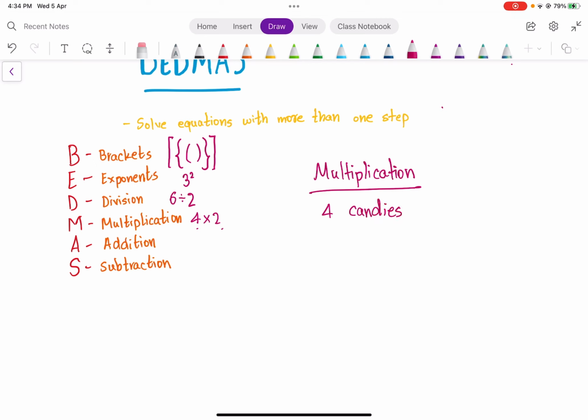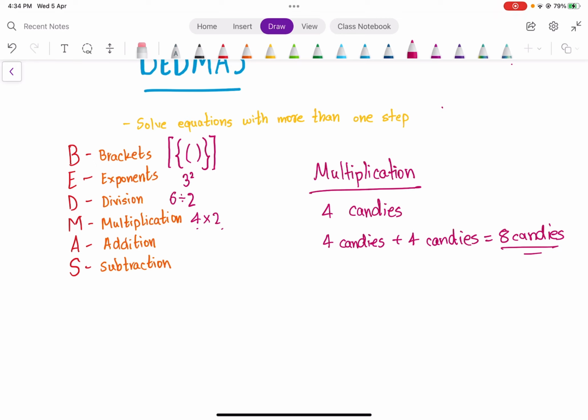Now let's say your friend has as many candies as you do. So what would you do? So if you want to know how many candies both of you have together, you could add them up. 4 candies plus 4 candies, which is obviously 8 candies. So both of you have 8 candies together.